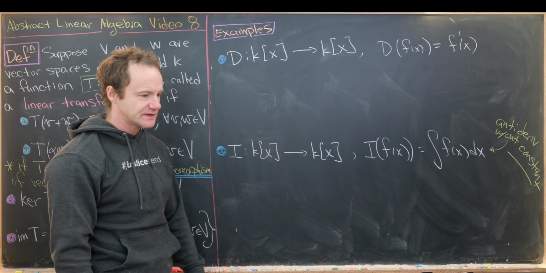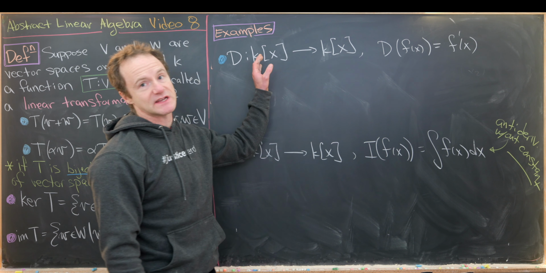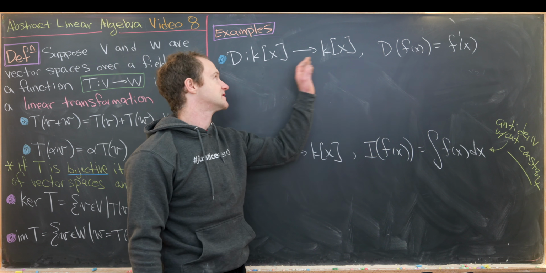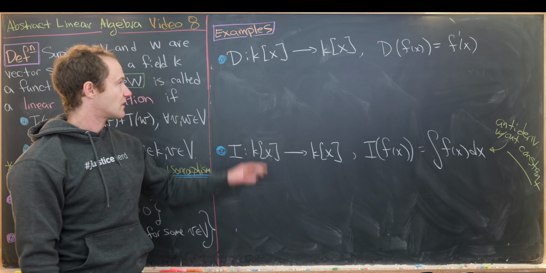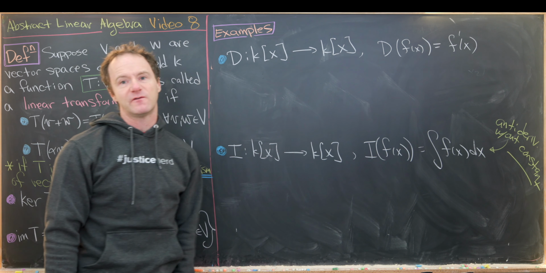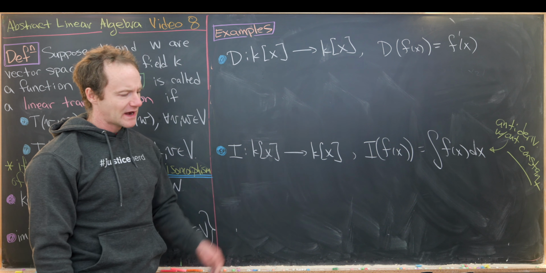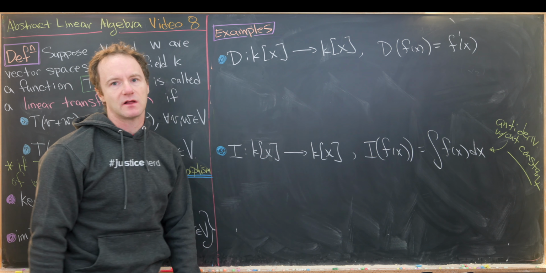Our next two examples will be linear transformations from the vector space of polynomials with coefficients in K to themselves. Our first one will be called D, and it's defined by taking the formal derivative. What I mean by the formal derivative is just the power rule, because these are polynomials.